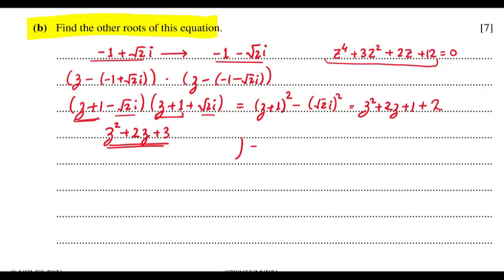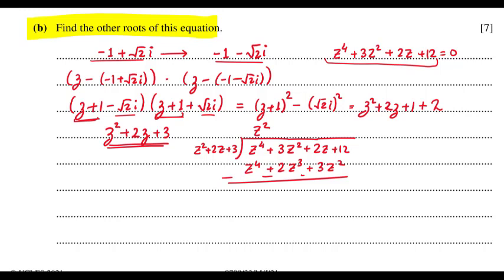Let's divide z^4 + 3z^2 + 2z + 12 by z^2 + 2z + 3. The first term is going to be z^2. We multiply and get z^4 + 2z^3 + 3z^2. We change the sign, and we are left with -2z^3 - 3z^2, plus 3z^2 got cancelled, and we are left with +2z + 12.